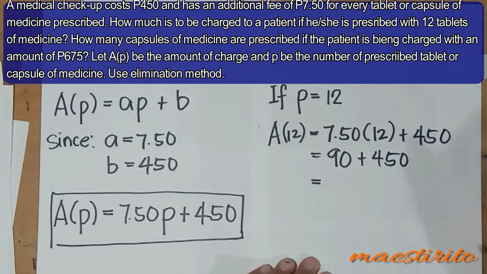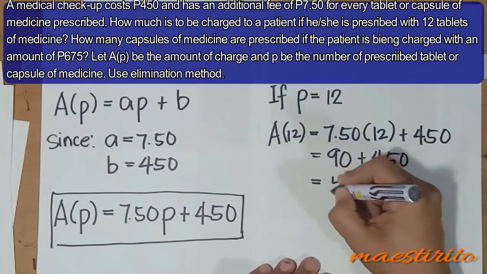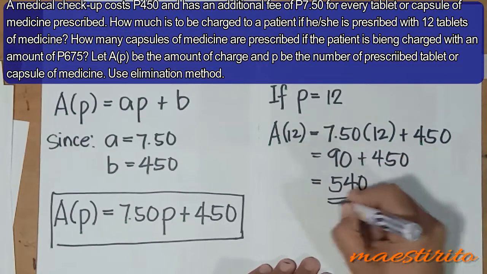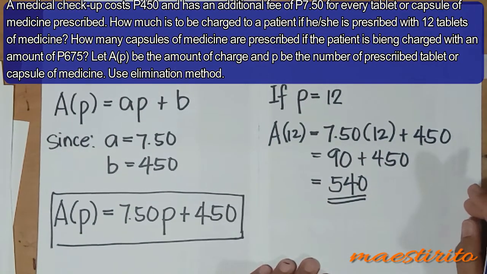Therefore, the amount to be charged to a patient prescribed with 12 tablets of medicine by the physician is 540 pesos.